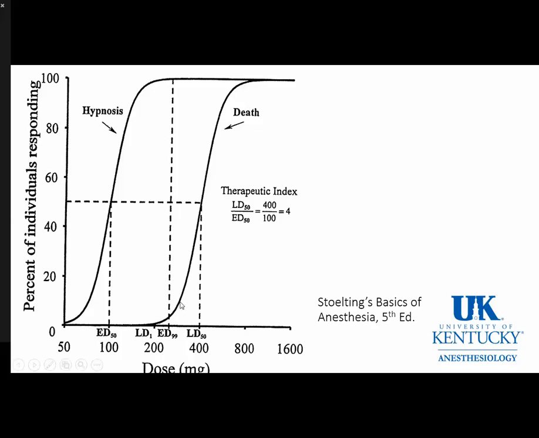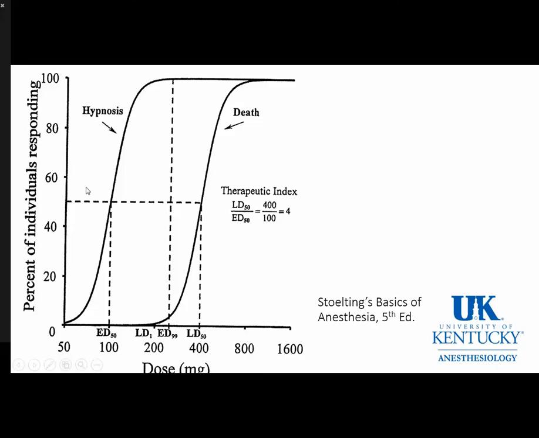In this case, at this higher dose, you have a log dose response curve. From that, you can figure out the number of individuals who respond. So 50% respond with death at this dose of, in this case, 400 milligrams.